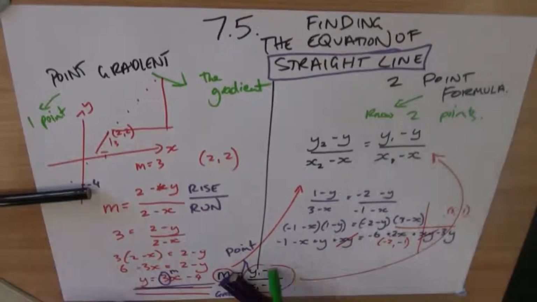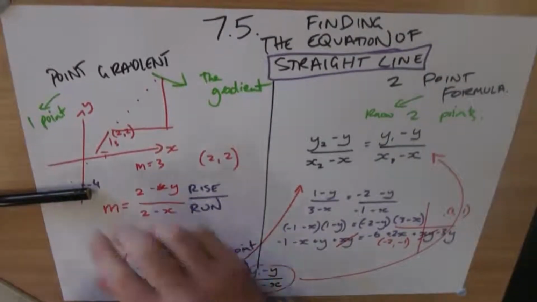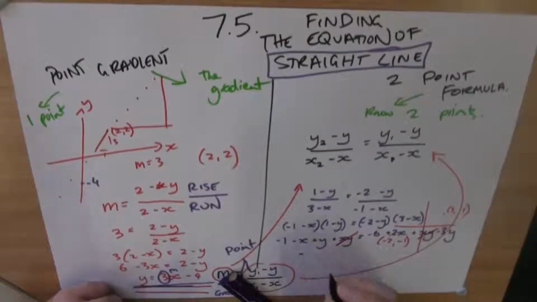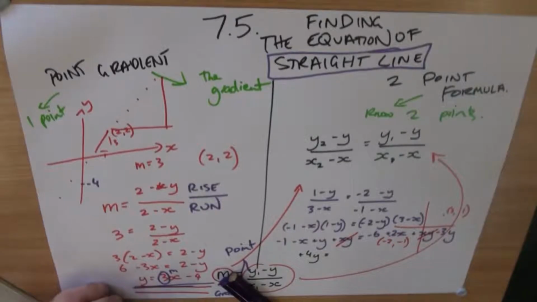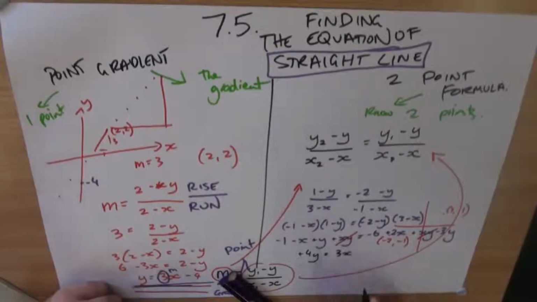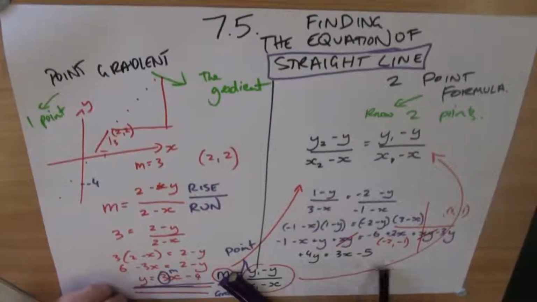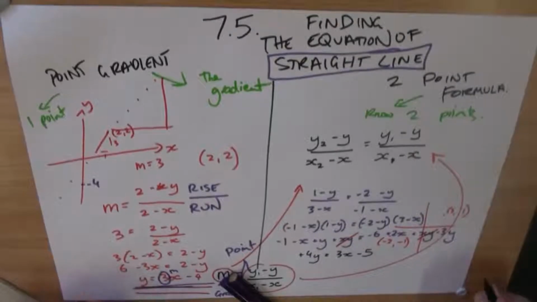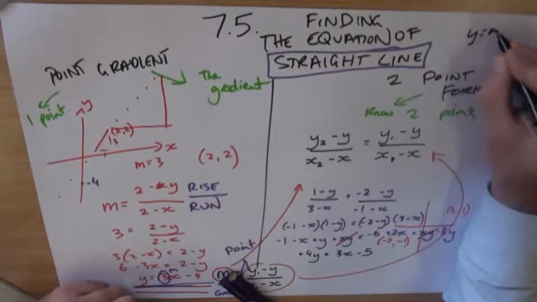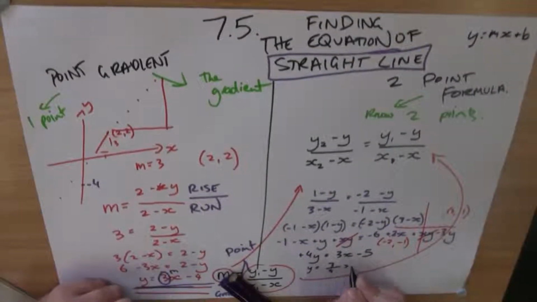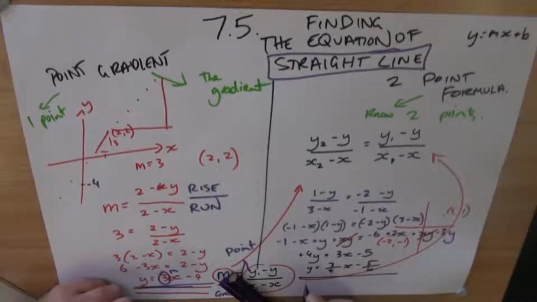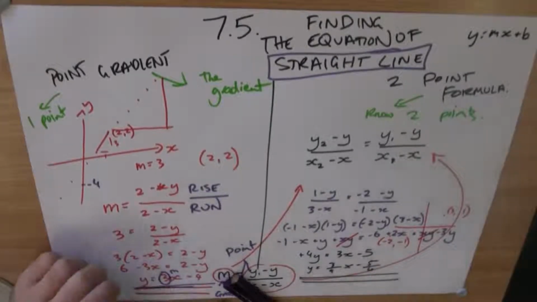We're going to put the y's over this side, the x's and the constants over that side. So I get, in the end, plus 4y equals 3x minus 5. That's one way to do it, but if I want it back in my original y equals mx plus b formula, then I go y equals 3 over 4x minus 5 over 4. That gives me my final equation.